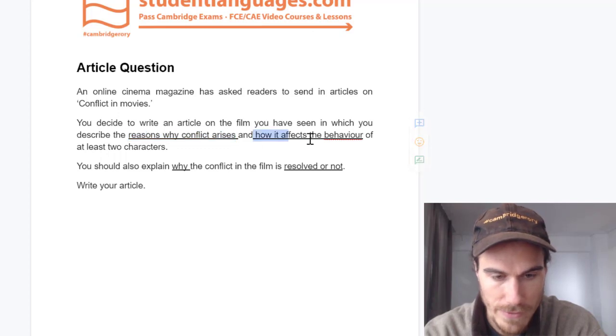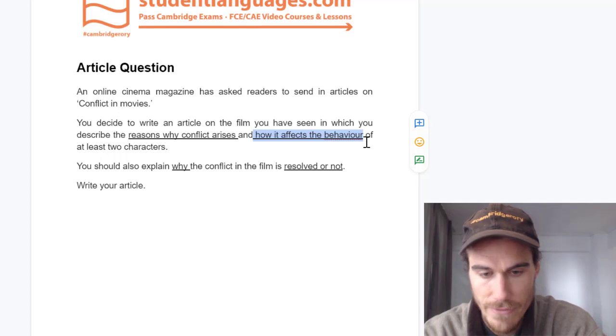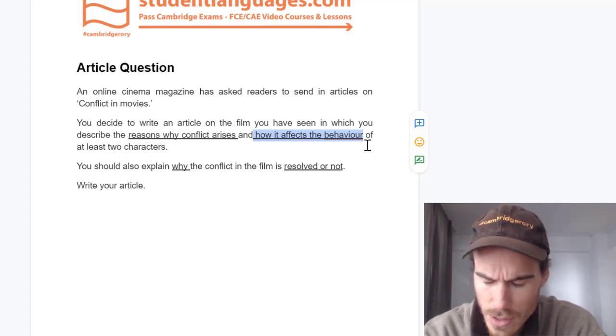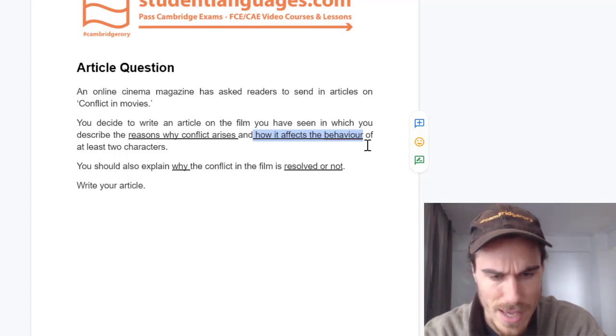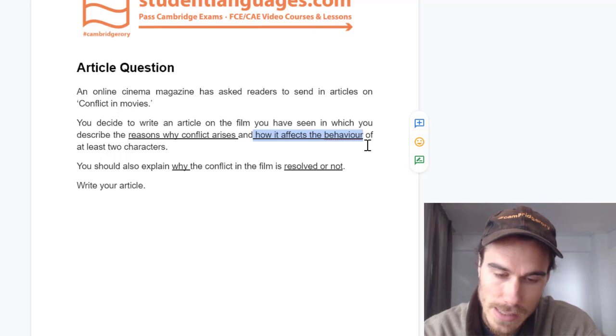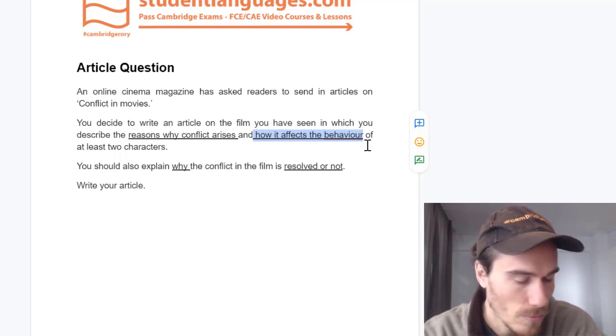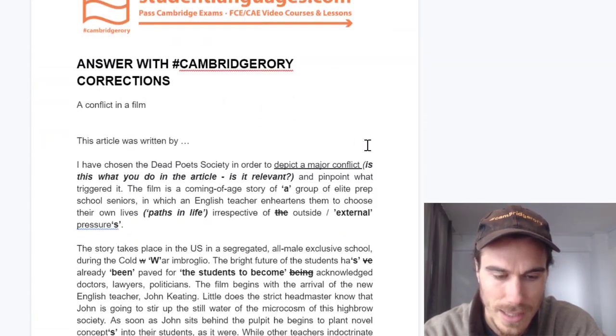How it affects the behaviour of at least two characters. You've mentioned how it affects the behaviour of the student, Neil, and of the principal, but I feel like this could be made more obvious and separated more clearly.